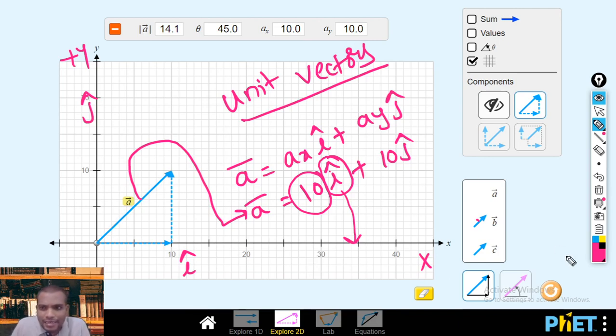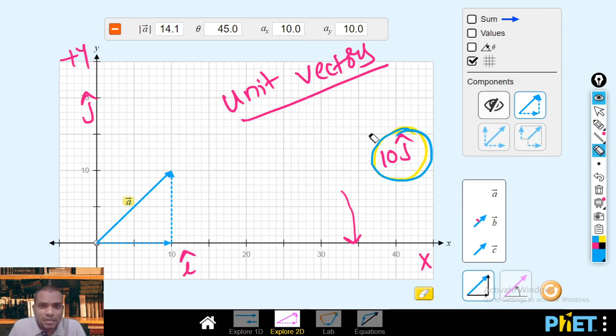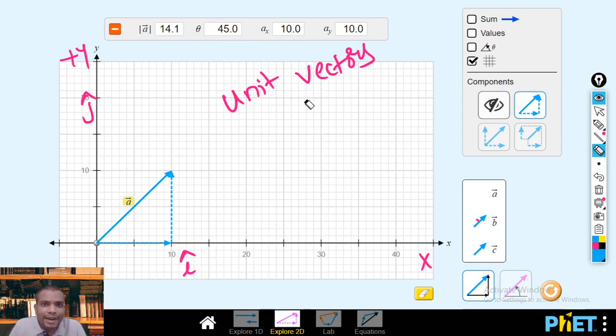Similarly, 10 j cap: 10 represents the magnitude along the y-axis and j cap tells about the direction, that this component is along the y direction. So to represent vectors in terms of equations, the resolution of vector components along unit vectors is very helpful.